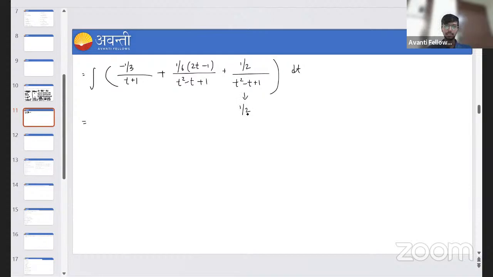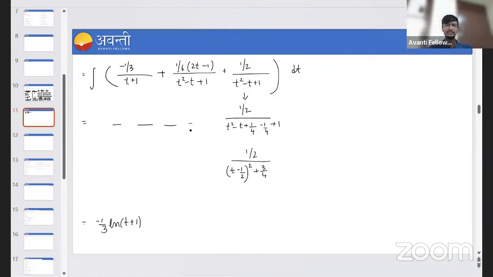So I'll get half upon t square minus t plus 1 by 4 minus 1 by 4 plus 1. So half upon t minus 1 by 2 the whole square, correct? And 4 minus 3, so plus 3 by 4. So after integrating, what I'll get? Minus 1 by 3 ln of t plus 1. Correct?